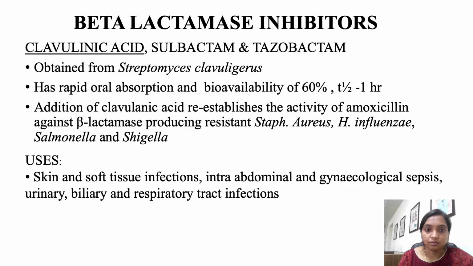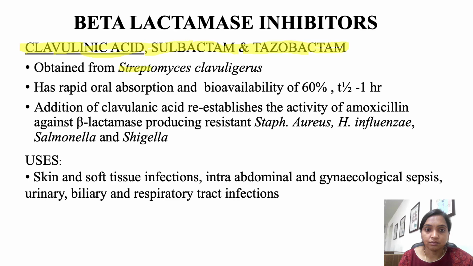Once this beta lactamase is produced and opens up the beta lactam ring, it loses its antibacterial activity. So that is why we give these drugs along with beta lactamase inhibitors like clavulanic acid, sulbactam or tazobactam. Clavulanic acid is commonly used, so that the activity of this class of drugs is retained.